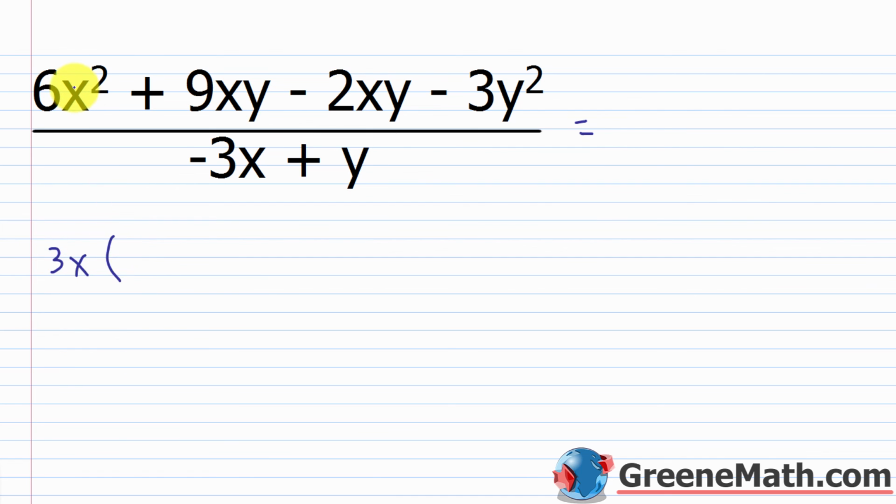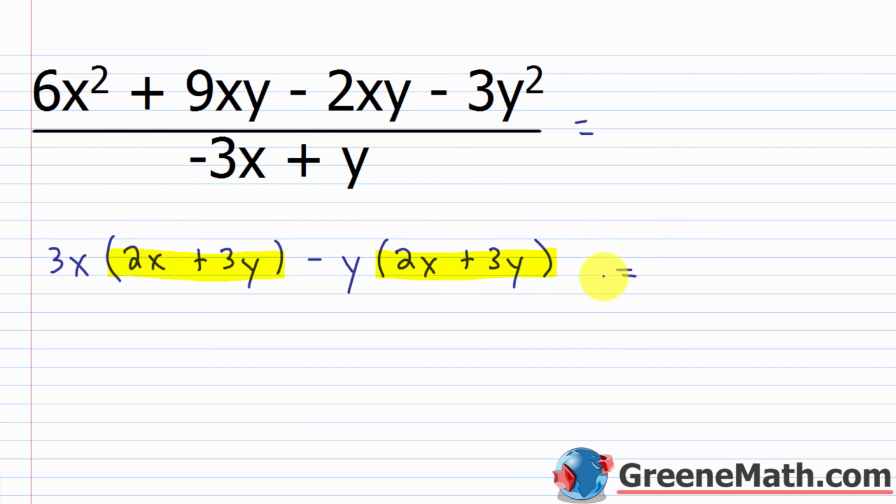What I'd have left is a 2x plus a 3y. In the second group, I could pull out a negative y. So what I'd have left is a positive 2x and then a positive 3y. So you can see that you have a common binomial factor of 2x plus 3y.